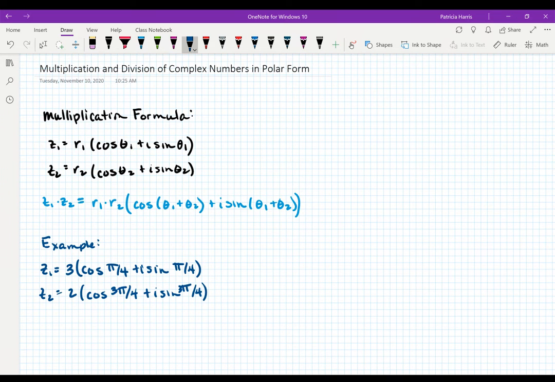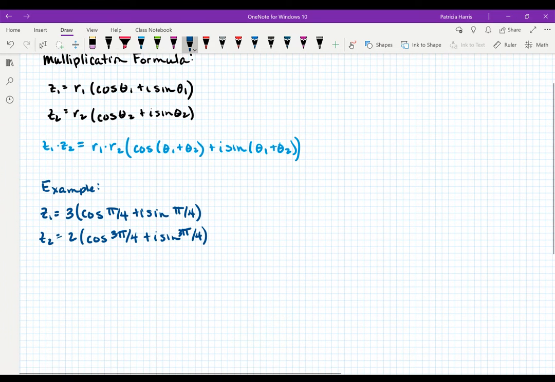So if I multiply z1 times z2, multiply the r's, 3 times 2, and then we're going to add the thetas.